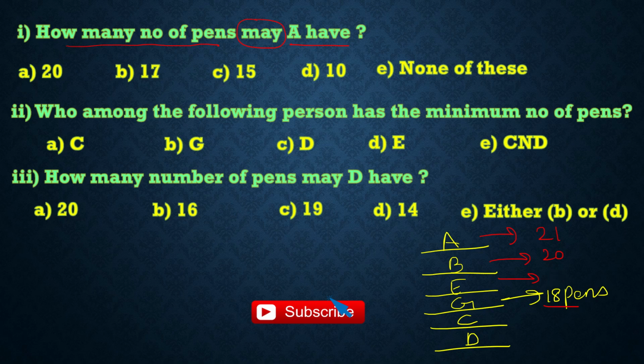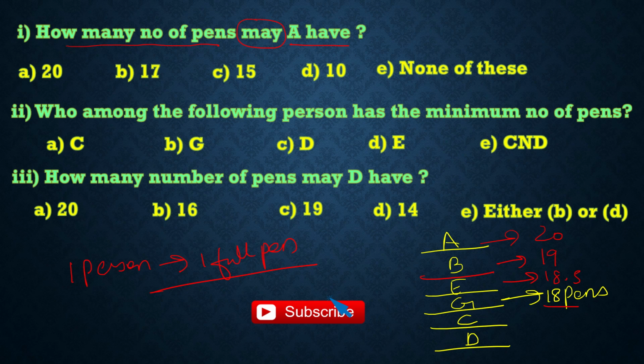So what do you think? You can do like this. 18.5, then this will be 19, and this will be 20. No, why can't 18.5 happen here? Because it is a pen. For one person, one full pen will be there.